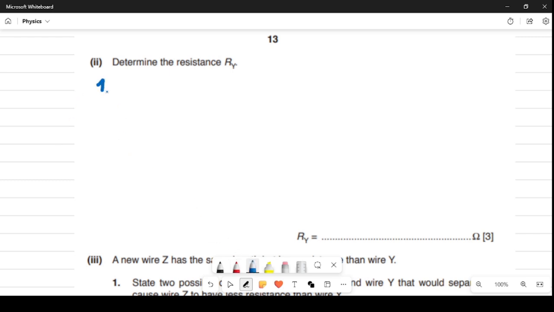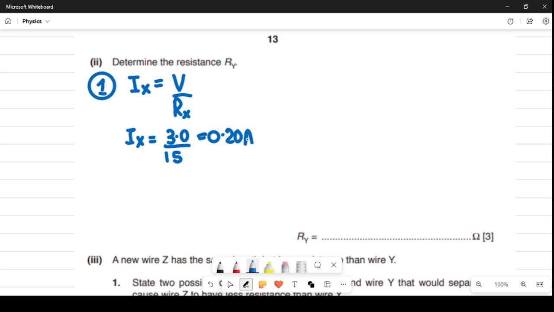The first step here is to determine the current through X. Since it's a parallel connection, the voltage across each branch is the same. So that remains the same, but the resistance is different. So Ix is basically equal to 3 over 15, and this will give you 0.20 ampere.